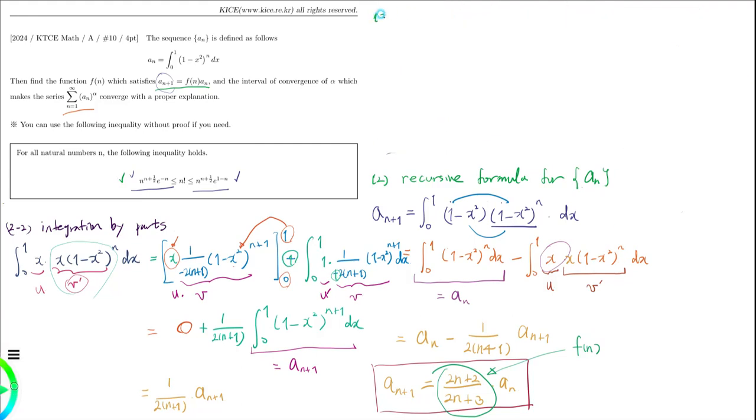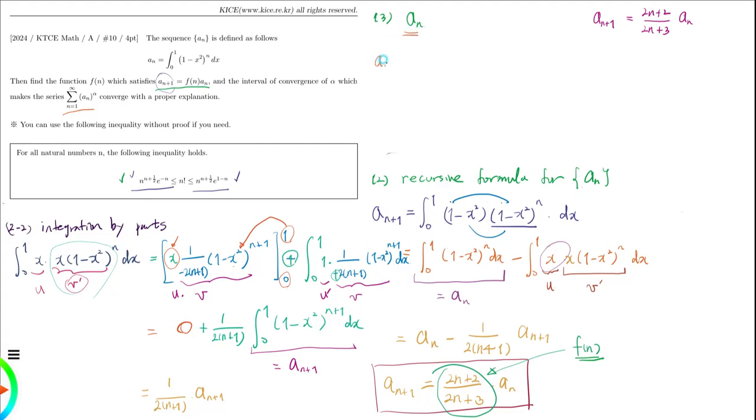So the third point is to figure out the nth term a sub n here. In the case of our recursive formula, since we do know the relationship between a sub n plus 1 and a sub n, there's multiplication of a function of n here. We do need to know the start term.